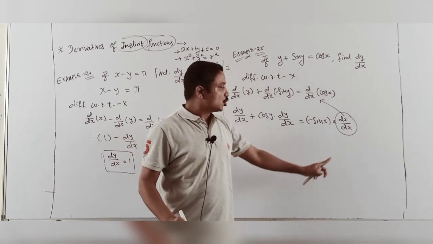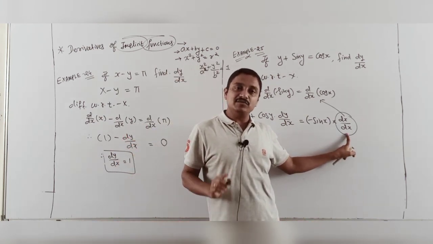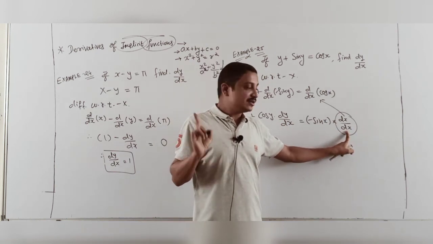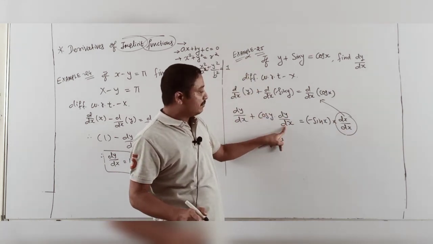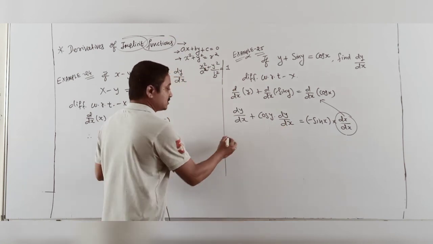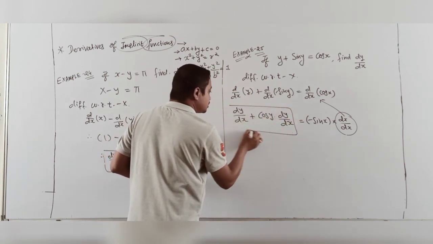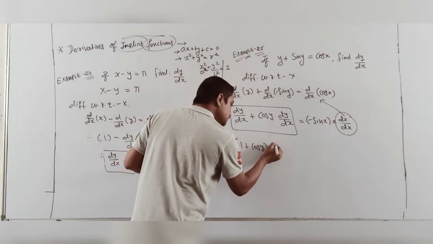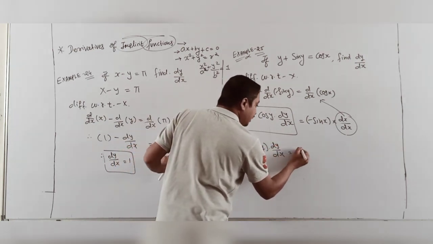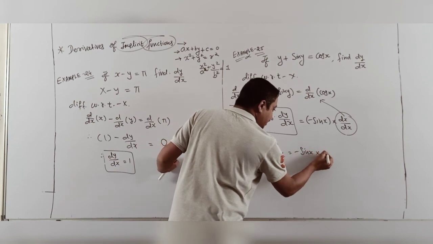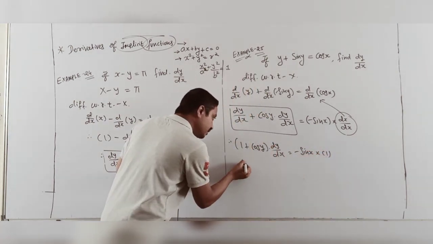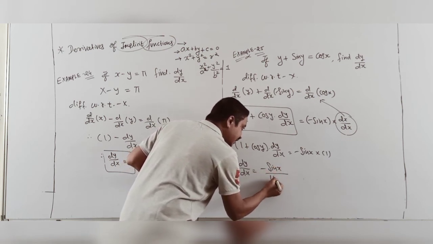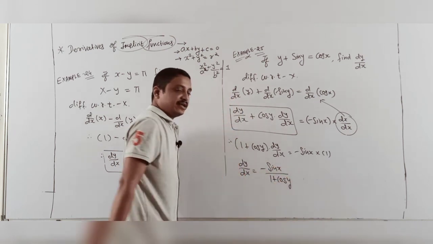Students, I show dx by dx before writing this, because dx by dx is 1, you know, and dy by dx is the derivative of y with respect to x. So here you just take dy by dx common. So only minus sin x into 1. So dy by dx, your answer comes here: minus sin x by 1 plus cos y.